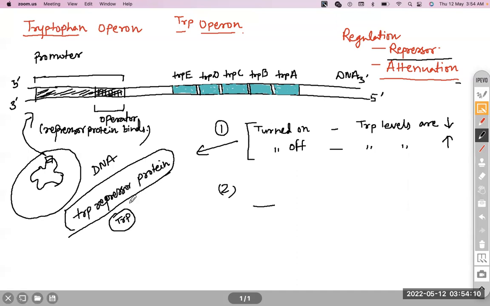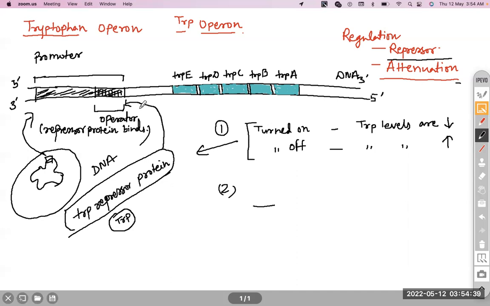So it binds to the operator region, this region, only when tryptophan is bound to the repressor protein. When tryptophan is not bound to the TRP repressor protein, then the TRP repressor protein cannot bind to the operator region.